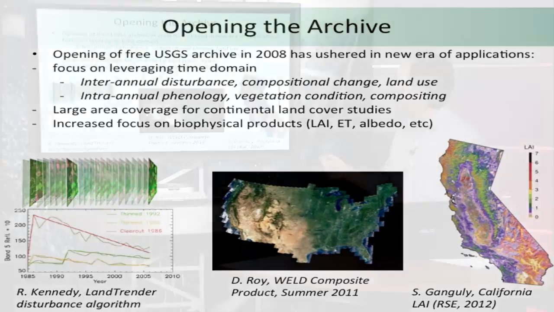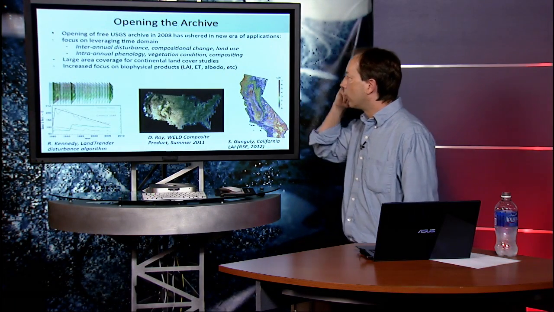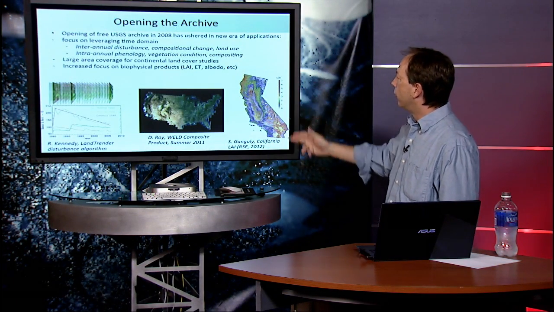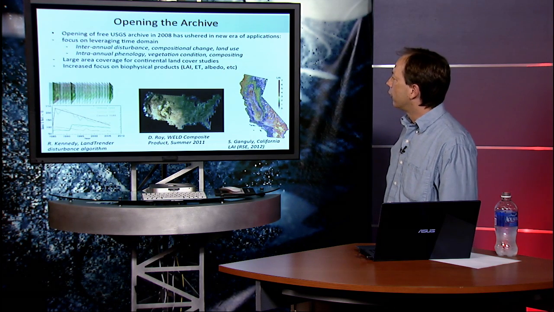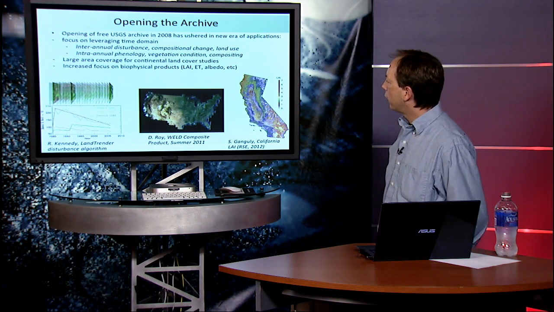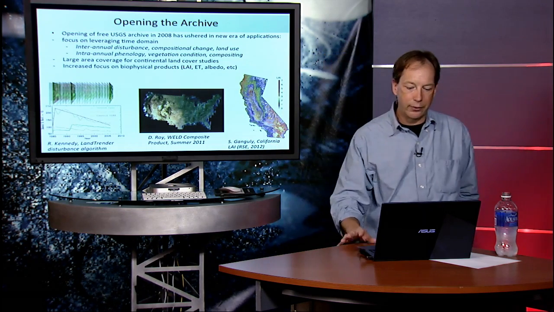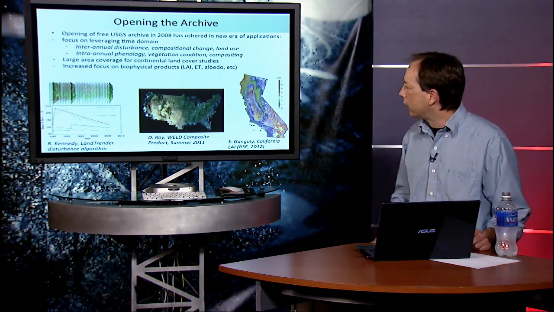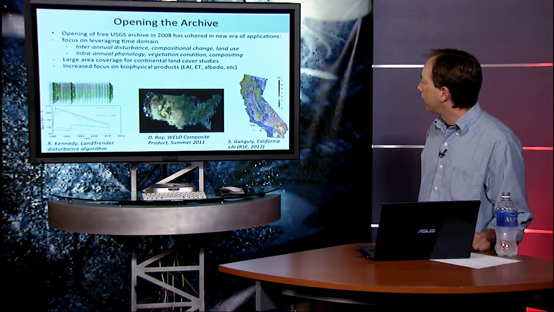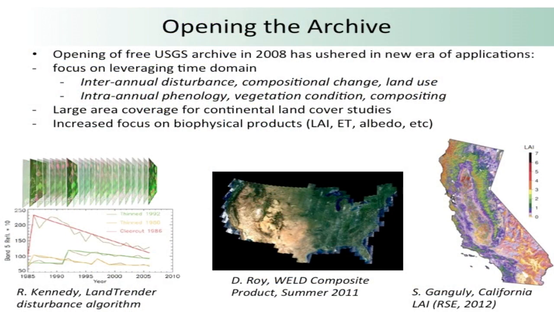There's been a focus on leveraging the time domain, so to look at interannual processes such as disturbance, compositional change, and land use, and also an energy toward larger and larger scales of analysis. So for example, you see here the US composites from David Roy that he's producing on a regular basis now, or maybe you saw Matt Hansen's paper in Science last year where he analyzed 500,000 Landsat scenes in order to assess global deforestation.